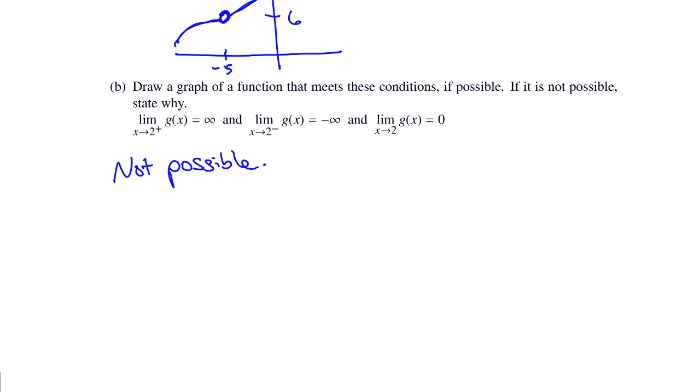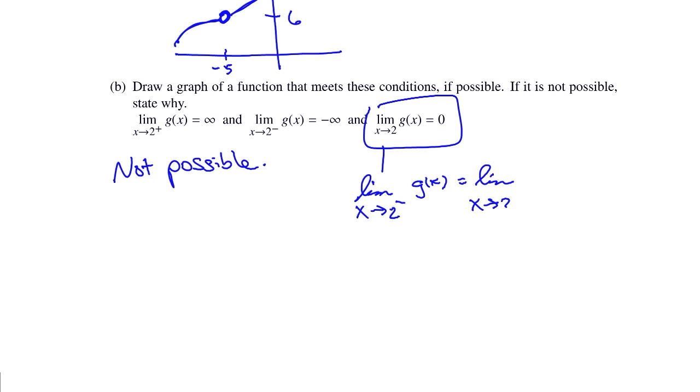And the reason is, you know that if you have a two-sided limit, the limit as x goes to 2, then that automatically implies that the limit on the left and the limit on the right are equal to each other, and they would have to be equal to whatever this limit is. Since these two one-sided limits are infinity and negative infinity and not 0, then this situation is not possible.